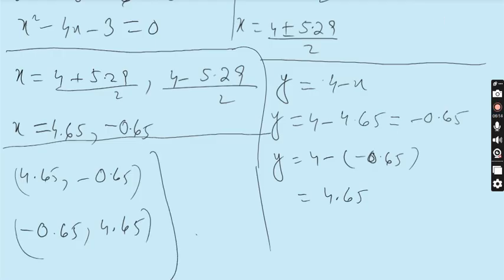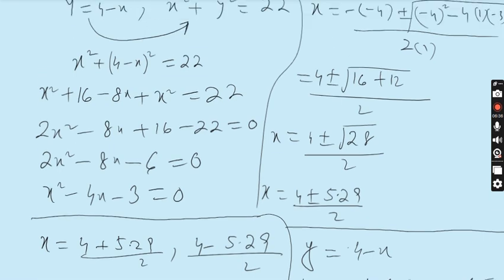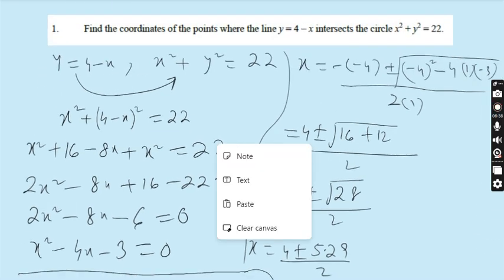So these two points are the points of intersection of a straight line and a circle. You can see how easy these questions are. This is the topic which we have already covered in our course book. I am talking about only the point of intersection, not the whole topic of coordinate geometry of the circle.